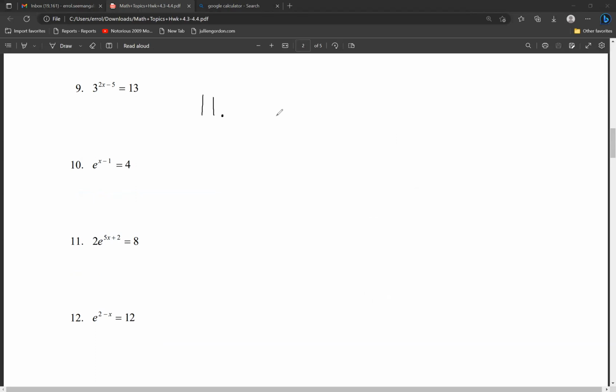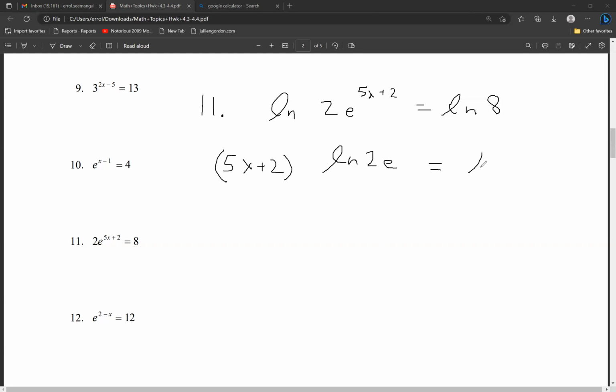All right, take ln on both sides. ln 2e^(5x+2) equals ln 8. Same idea. Bring down the exponent. So (5x+2) times ln 2e equals ln 8.